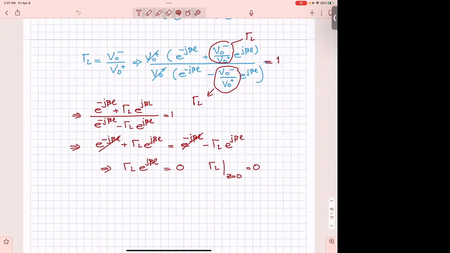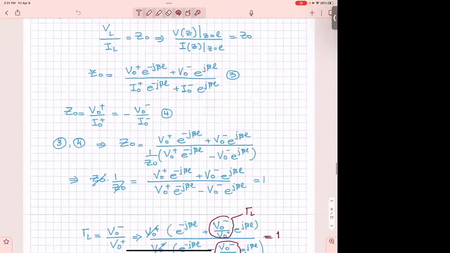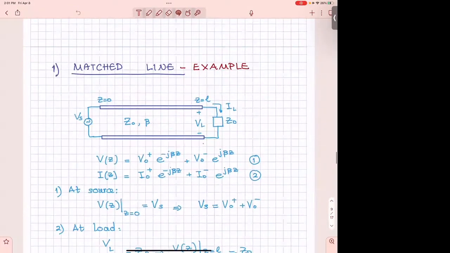Right? You remember that in every voltage, we have two components. The first one we call the incident wave, the V plus. The other one we call the negative wave, the reflected wave, the V minus.